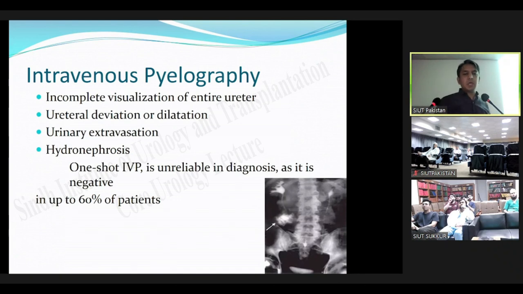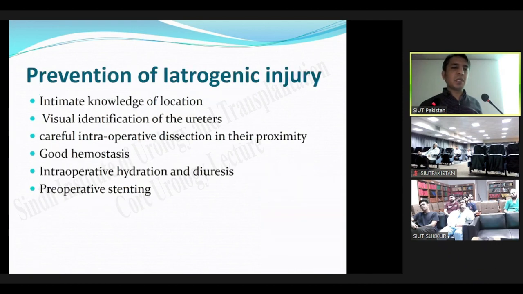But IVP is unreliable for diagnosis, as it is negative. Like it is written in a book, when intraoperatively there is a suspicion of ureter injury, you can perform a single shot IVP, but that's unreliable as it is negative in 60% of the patients.